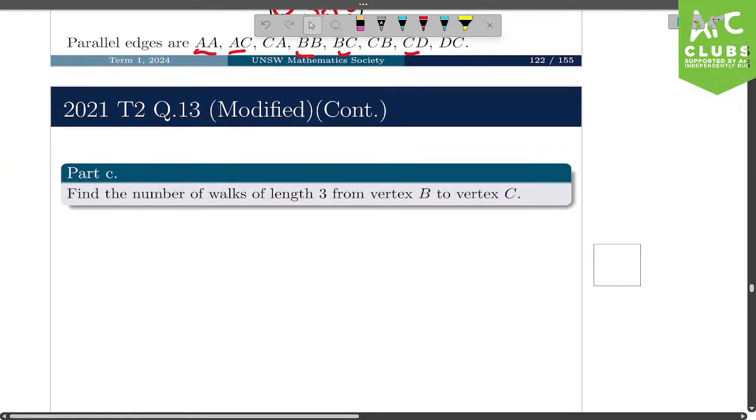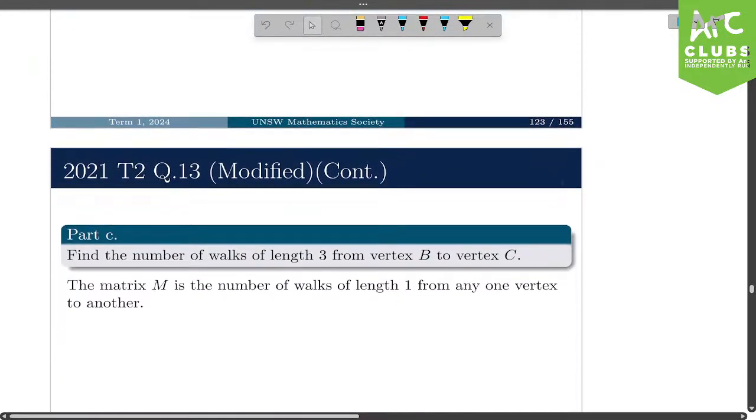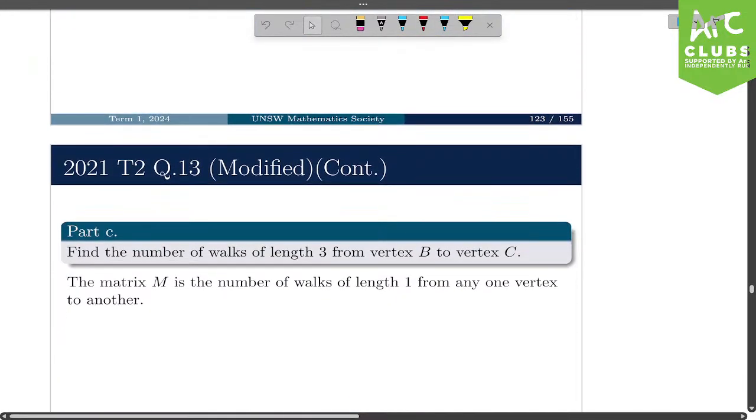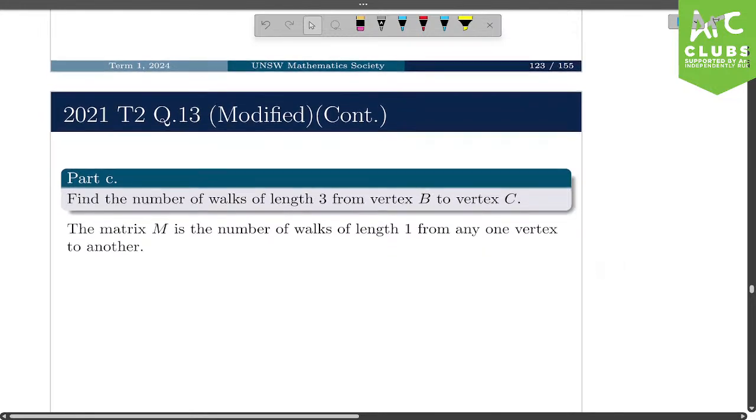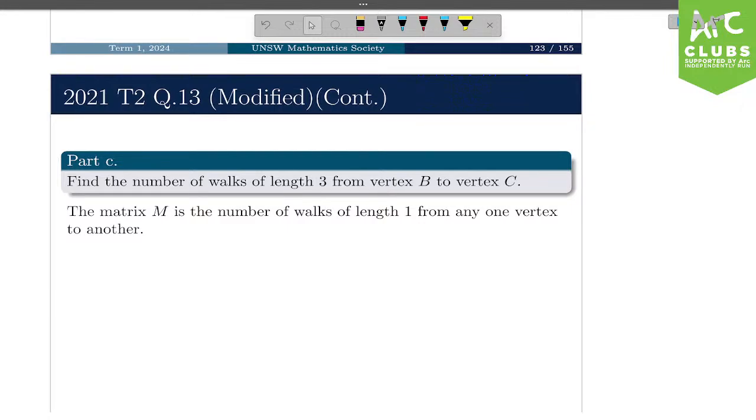Find the number of walks of length 3 from vertex B to vertex C. This is where adjacency matrices shine. We have the property that if we exponentiate a matrix, we get the number of walks directly by reading it off. Matrix M denotes the walks of length 1 from one vertex to another.